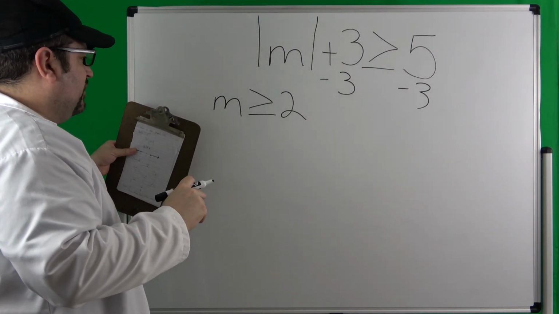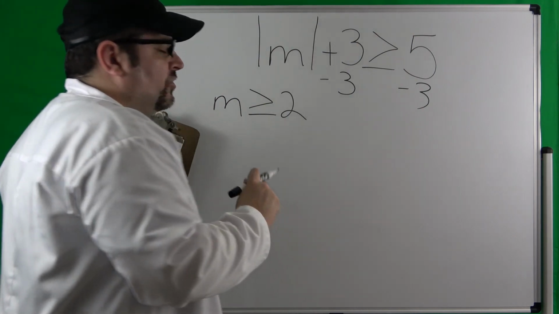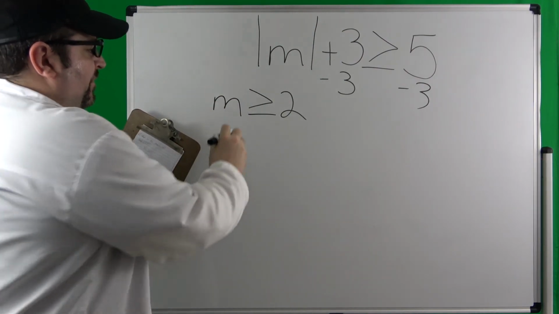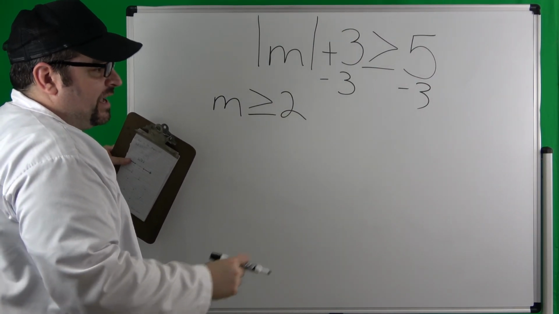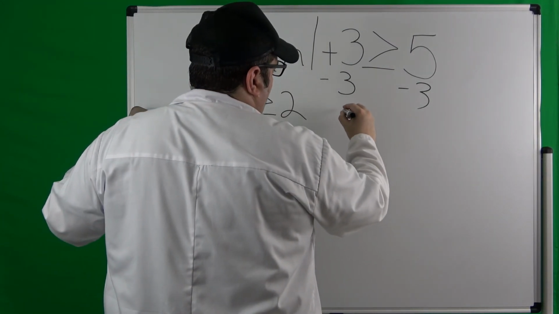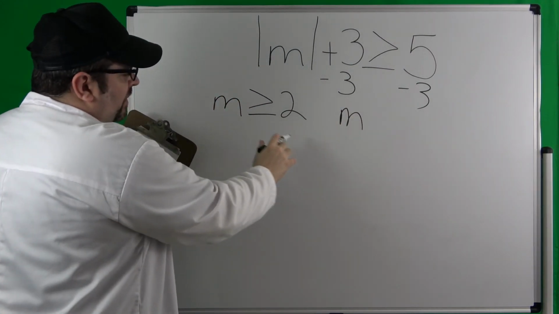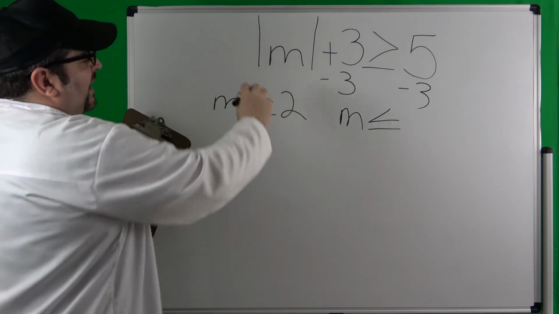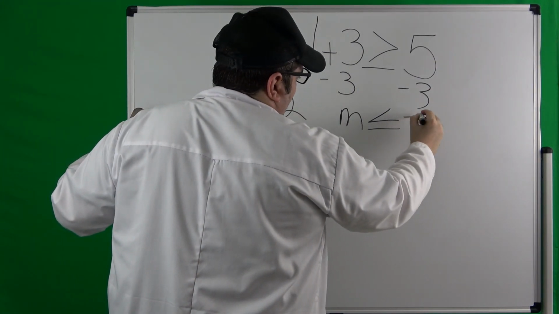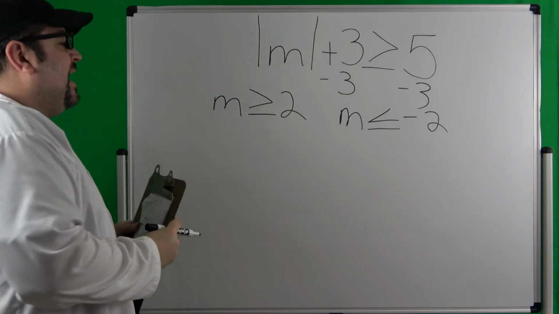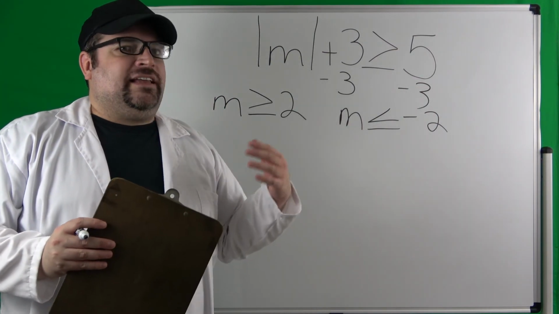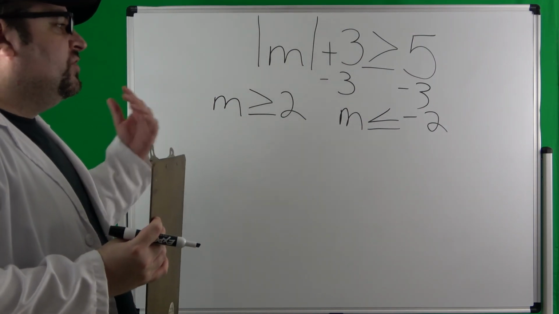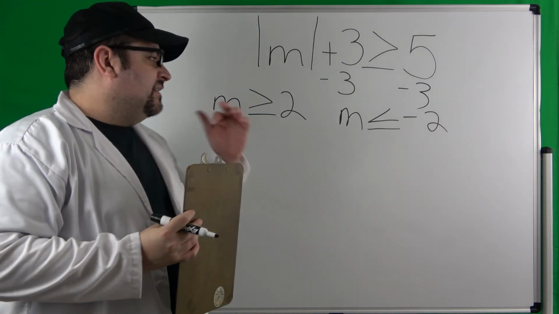We just dropped the absolute value. But you're also going to drop the absolute value and take the opposite of what's on the other side of the inequality and flip the sign. So we're also going to have m, flip this, less than or equal to, take the opposite of what's on the other side, -2. I know that sounds kind of convoluted. Maybe there's an easier way to say it, but once you've done it a few times, then it's pretty easy.